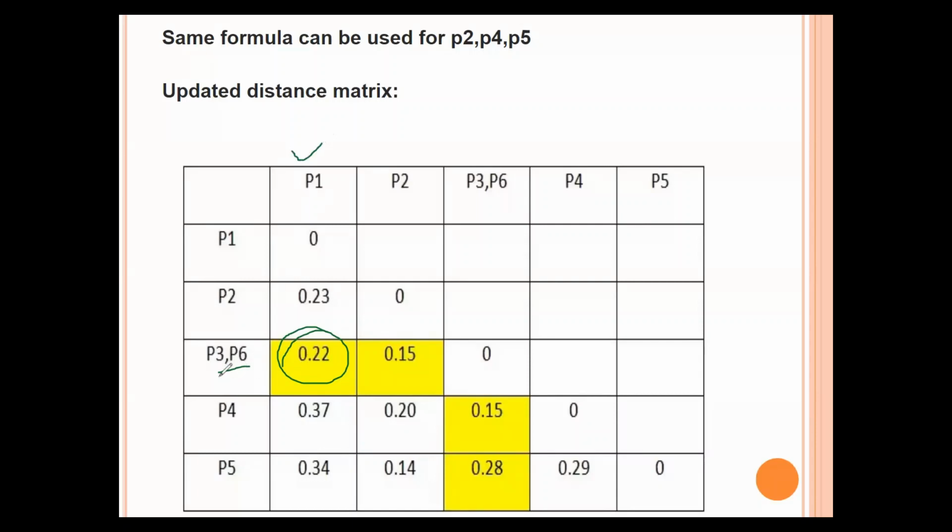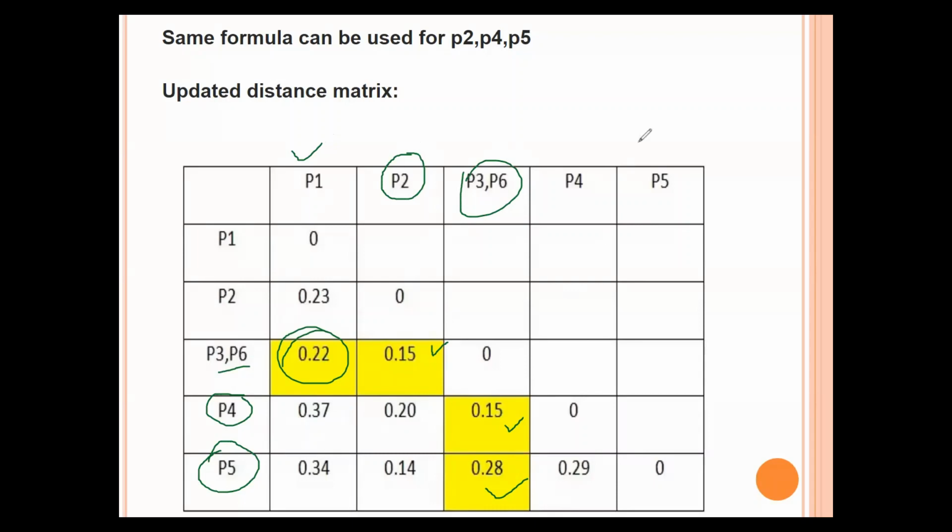Then we have to find this P3, P6 pair with P2, and it is 0.15. Then P3, P6 with P4, and that is 0.15. Similarly, you find this pair with P5, and the distance you get is 0.28. Please do practice. It's very easy to calculate these distances.